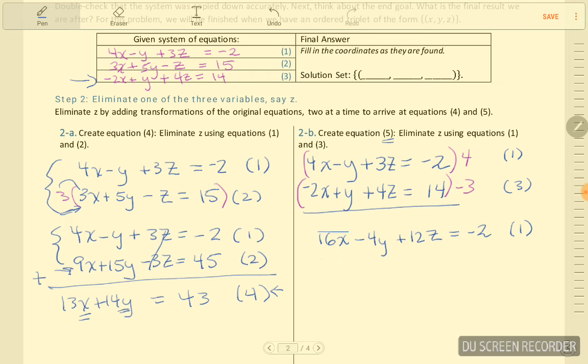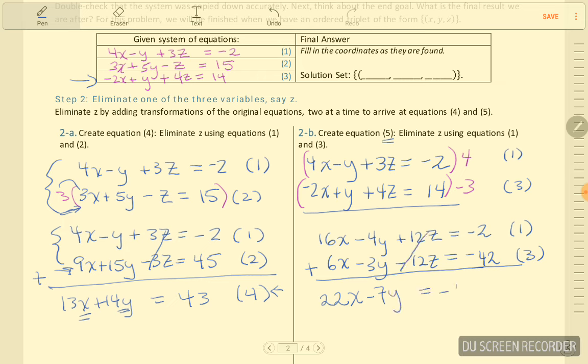A -3 times a -2 gives me +6x minus 3y minus 12z equals -42. And now I can add those together to get my fifth equation. So I have 22x minus 7y, the z's cancel, equals -44, and that is my fifth equation.